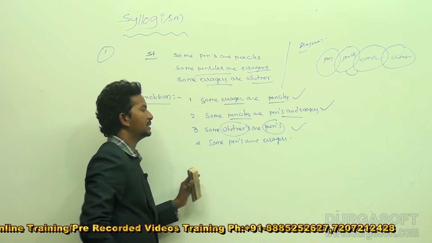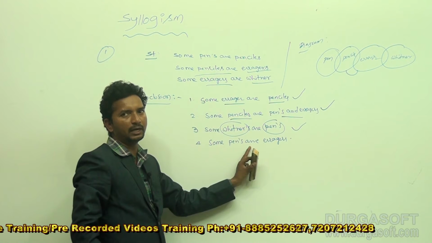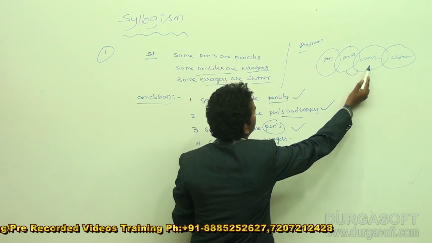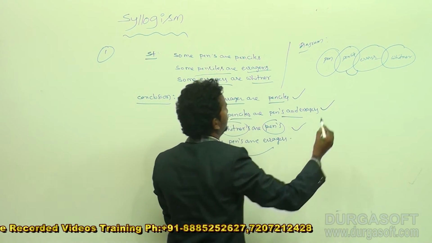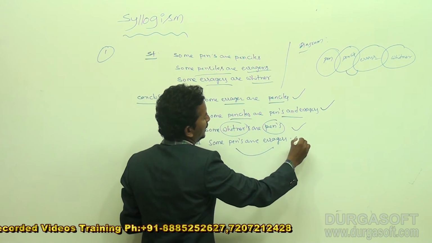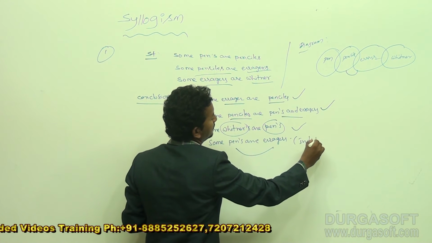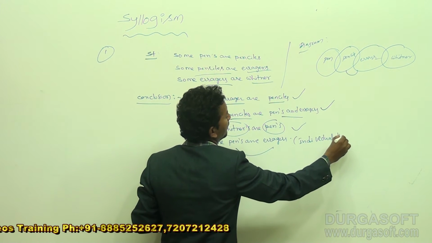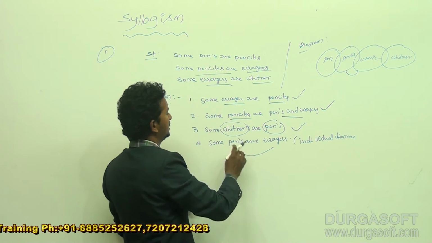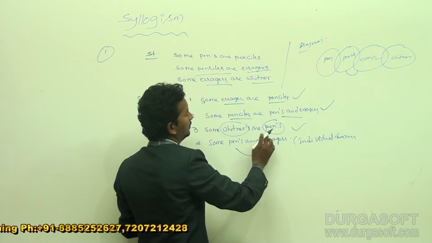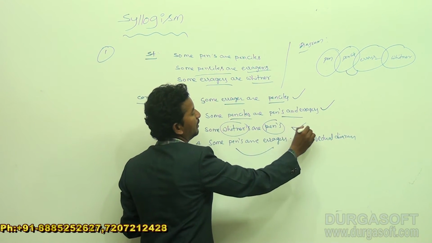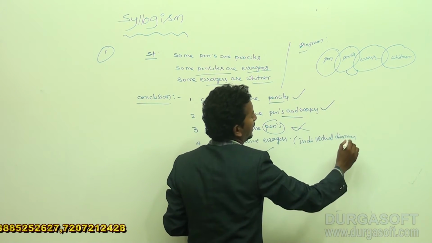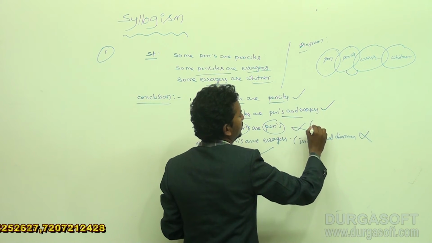Coming to this one, some pens are erasers. See where is the pen and where is the eraser. Both are individual diagrams, so that never follows. Here whitener is there, pen is there. Again this is also an individual diagram.